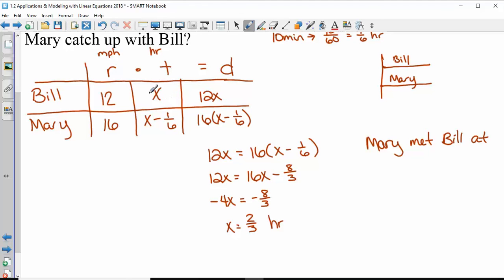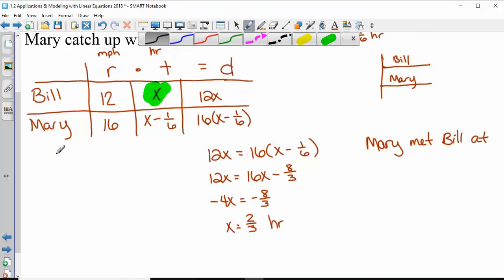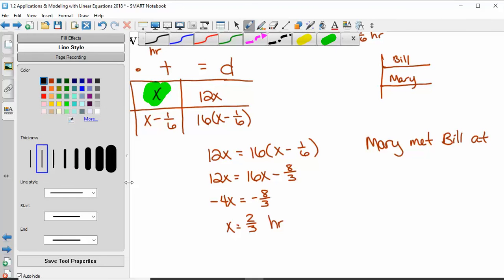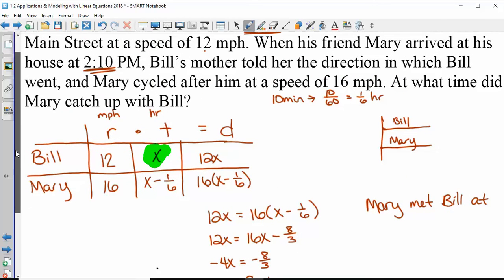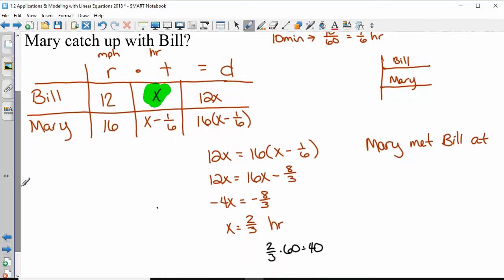Okay, that's my x. X in our scenario was how long Bill had been riding. So if he's been riding 2/3 of an hour, in terms of minutes, if you take that times 60, that's 40 minutes. He started at 2 and he rode for 40 minutes, so Mary met Bill at 2:40 p.m.